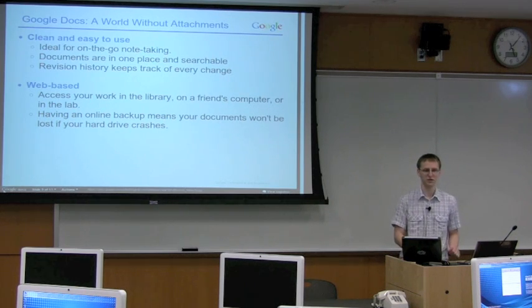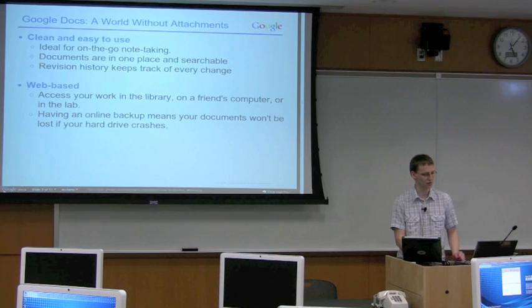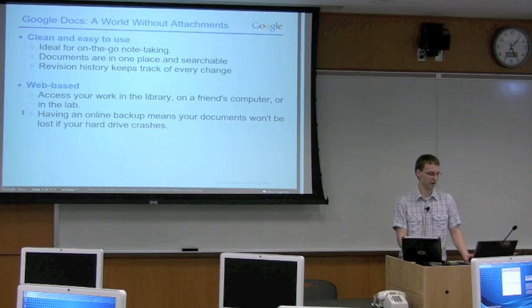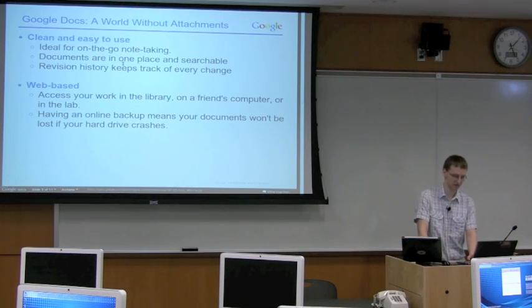If you make a change that you don't like and you'd like to go back to the way things looked a few days ago, you can do that. As I said, it's web-based, which means that you can access your work anywhere. And the big thing here is you don't need to worry about having backups. If your computer crashes, if your hard drive stops working, if your flash drive gets run over by a car, it's okay because everything is online and it's stored for you.